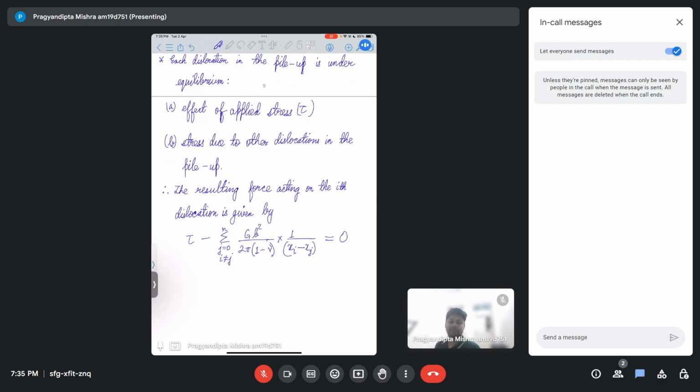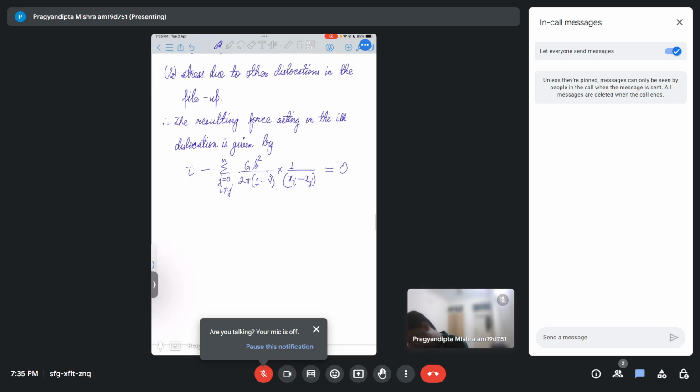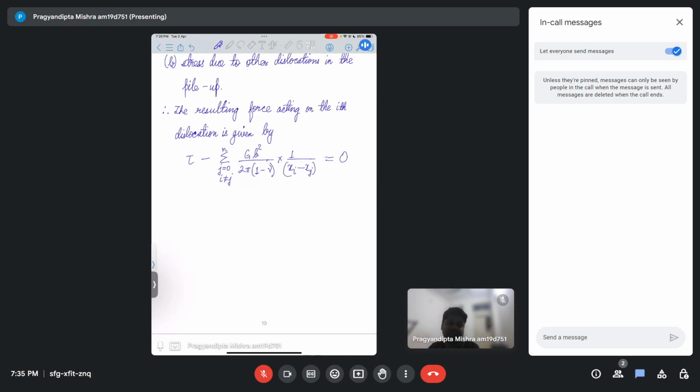So due to this pileup, there is a stress concentration at the junction where the dislocation and grain boundary are existing, right? At the initial junction, where the first dislocation is present, there will be a huge stress concentration.